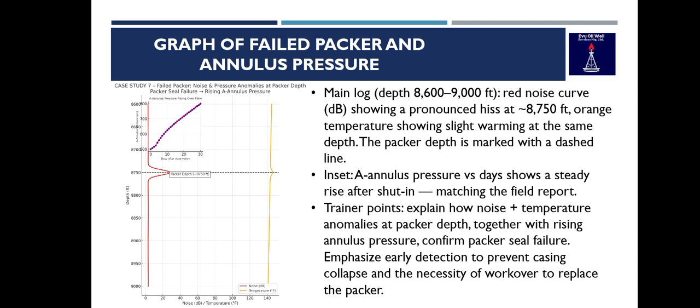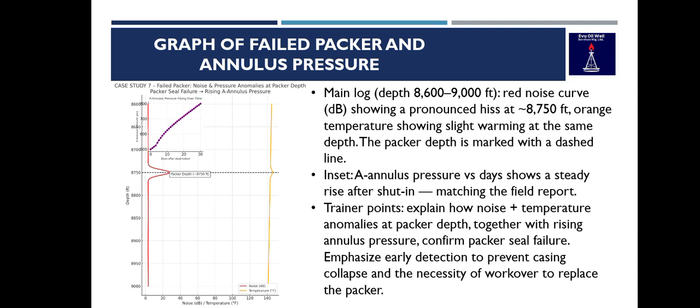Have a peep at this graph on your left-hand side and try to identify, look at it very well. Insert A, annulus pressure versus days, shows a steady rise after shut-in, matching the field report.